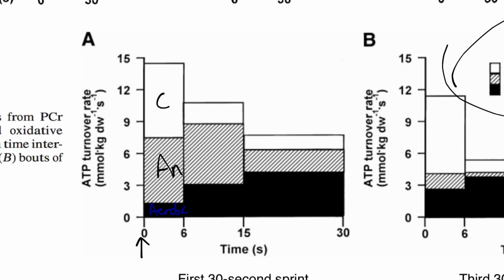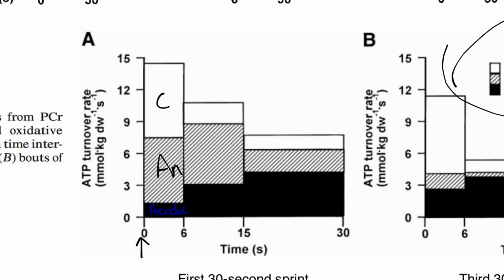But in reality, when you start off doing something very quickly, right, these people were asked to sprint as hard as they possibly could on the bike right from the start, aerobic respiration just can't possibly produce that much ATP that quickly. And so in that first 6-second burst, they're relying almost entirely on creatine and anaerobic respiration.